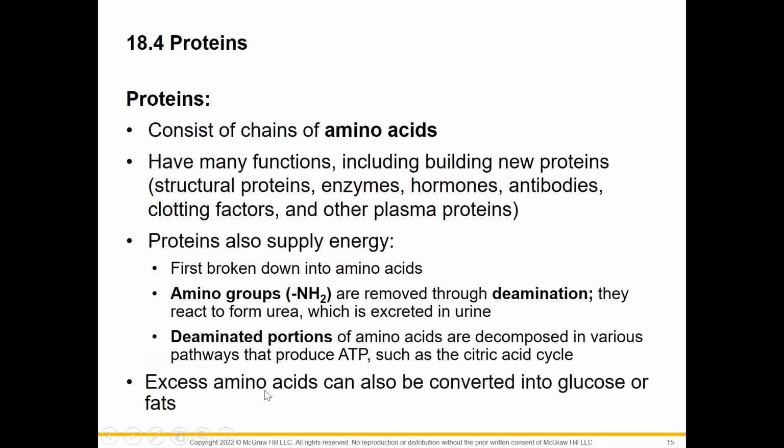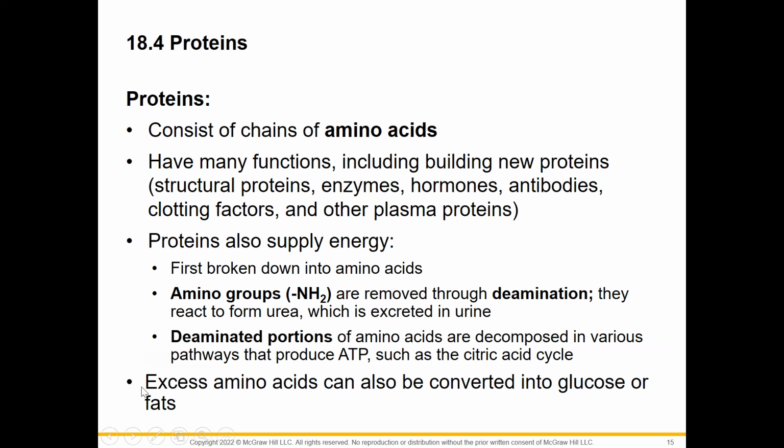Excess amino acids can be converted to glucose or they can be converted to fat. So again, just like carbohydrates, if you eat too much protein in your diet, your body uses what it needs, and the excess can be converted to adipose tissue or fat lipid that is put into adipose tissue.